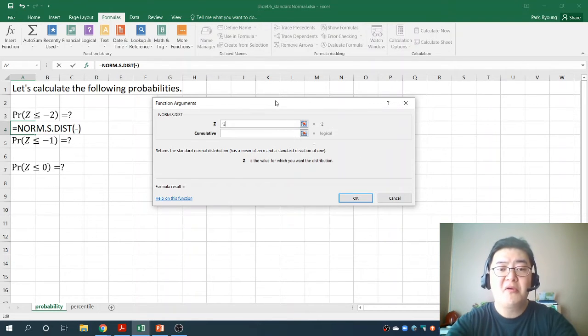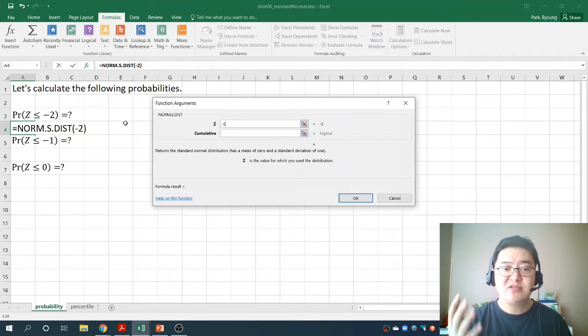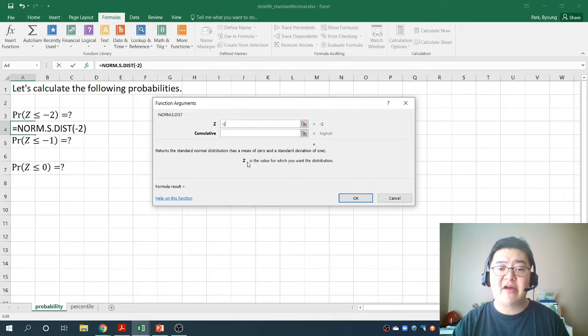Z is the number you are interested in. So we are interested in the probability smaller than -2. So -2 is the value you are interested in. Put that value. Z is the value for which you want the distribution, right? So depending on which value you are interested in, put that.